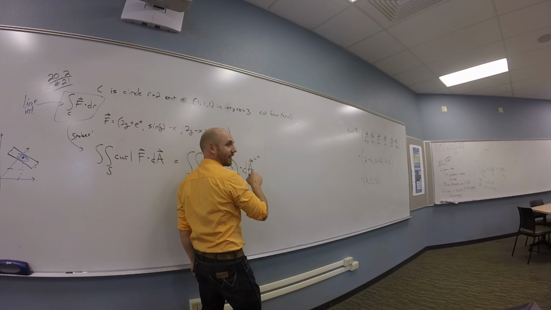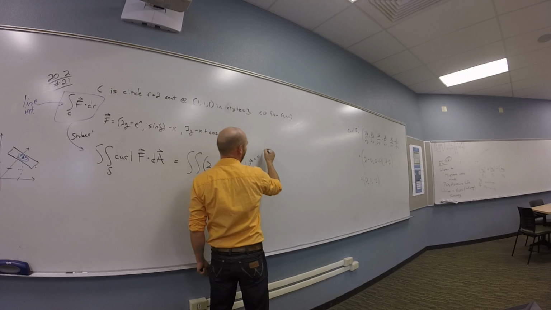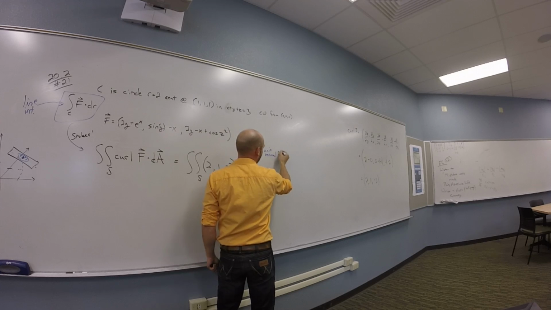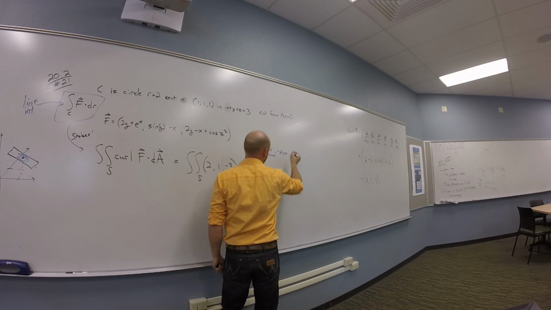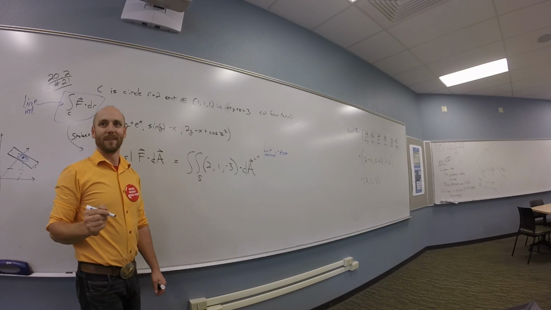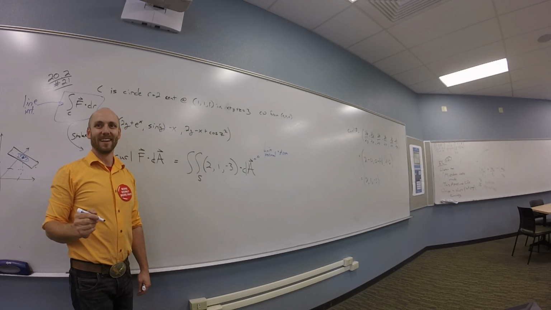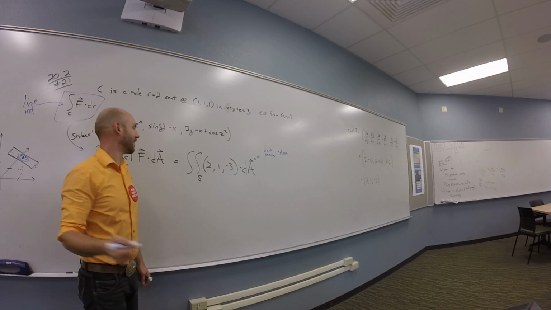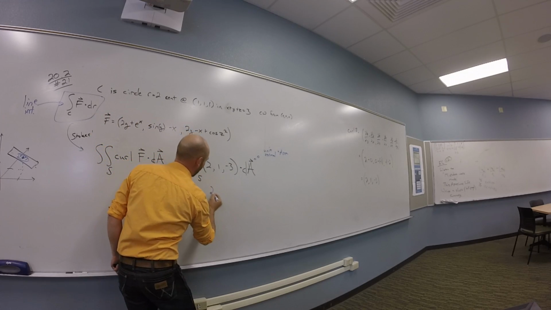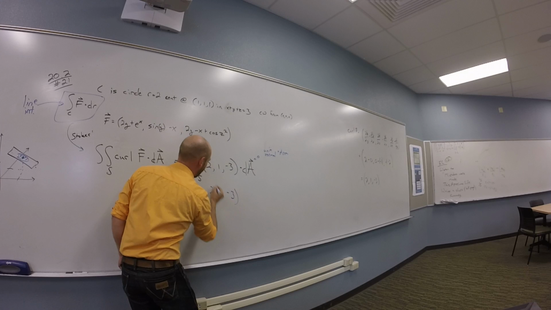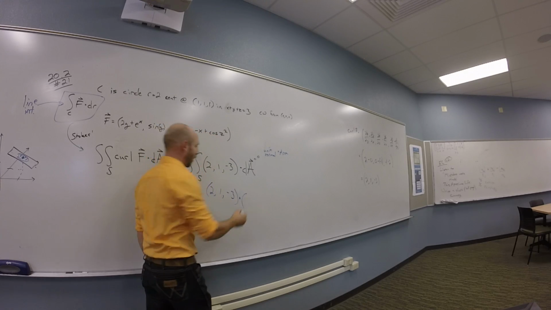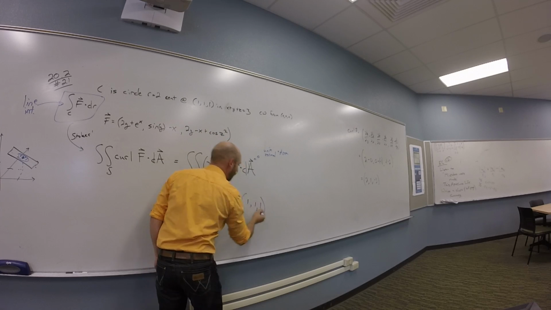You can think of that guy there as a unit normal times the area, which you could calculate. Or you could notice that this 2, 1, -3 is dotted with some scalar version of 1, 1, 1.